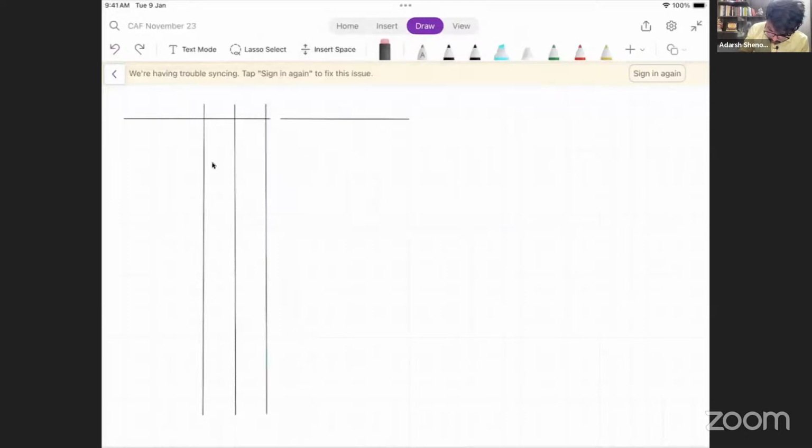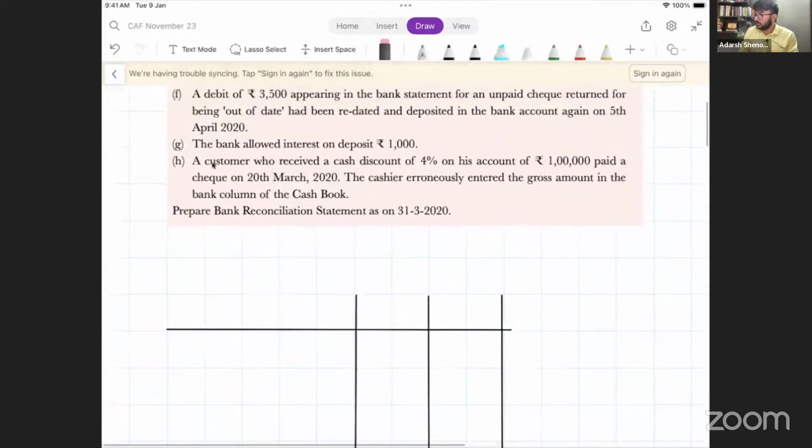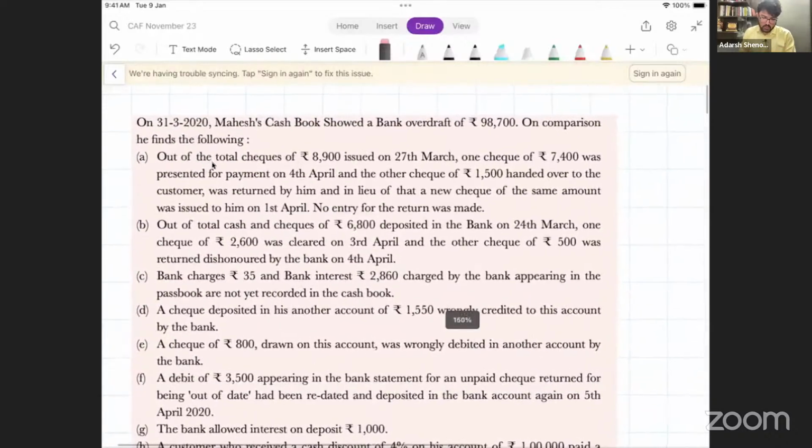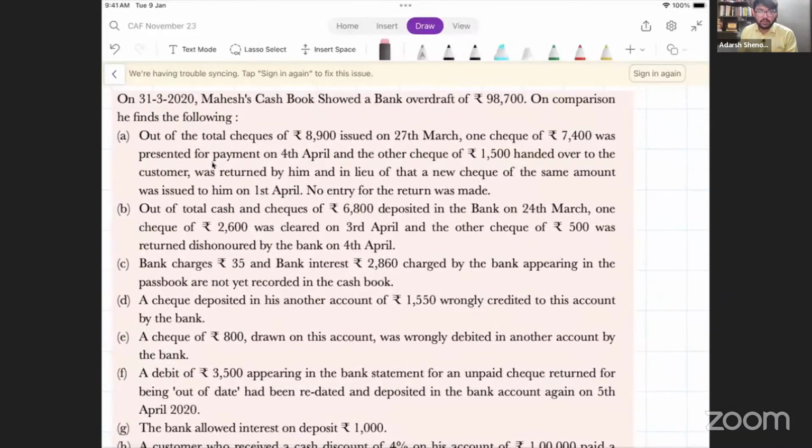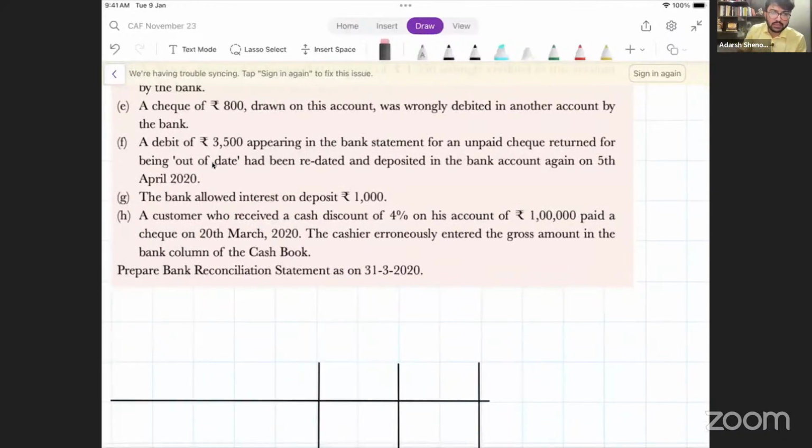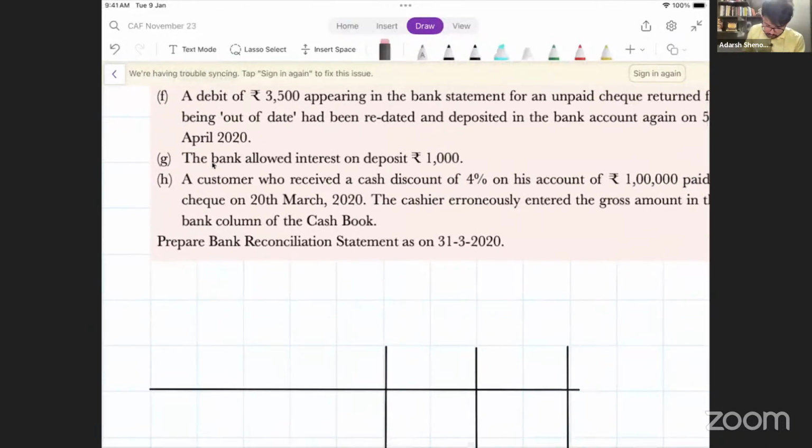Okay. Let's look at this question. On 31/3/2020, Mahesh's cash book showed a bank overdraft of 98,700. On comparison, he finds the following. Prepare BRS as on 31/3/2020.